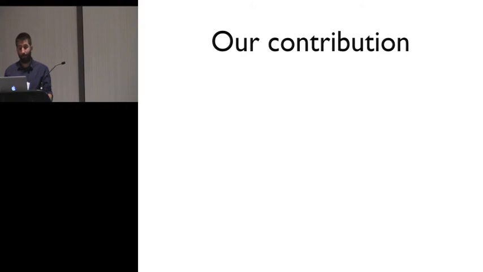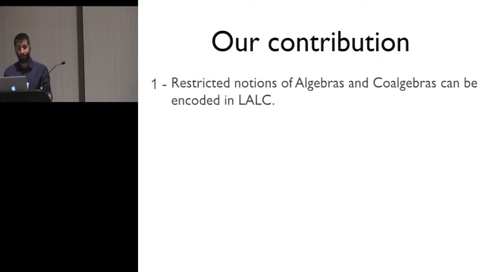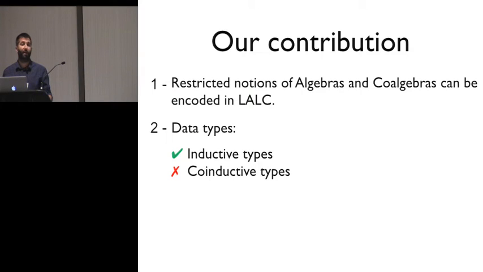And here is our result. We show that we can encode a restricted notion of algebra and coalgebra in this language. But this restricted notion is not what we get in System F. In particular, while we can define naturally inductive types, we cannot define interesting co-inductive types.